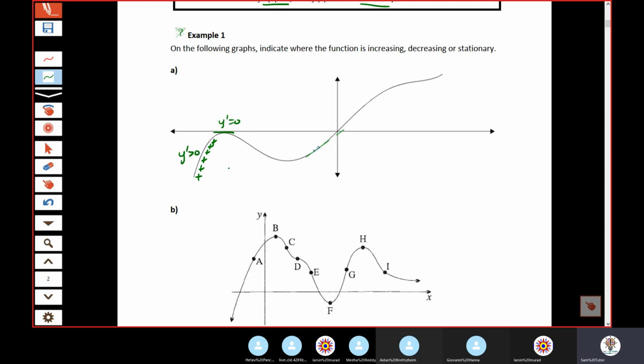Y dash is greater than 0 technically there, right? What about here? Negative, negative, negative, negative, negative until another stationary point. Y dash equals 0. This one, y dash less than 0. And you can see it's sloped to the left. And then I'm just going to continue this now. Positive, positive, positive, positive. Make sense?